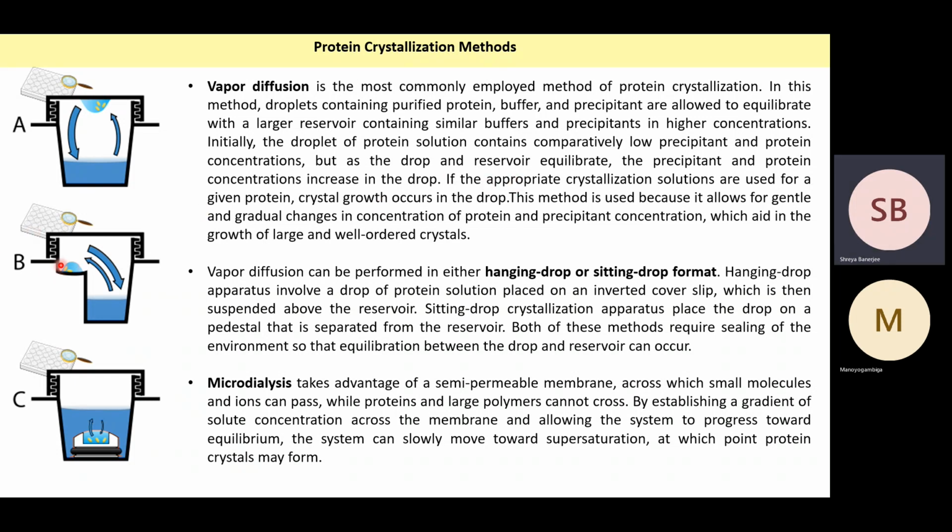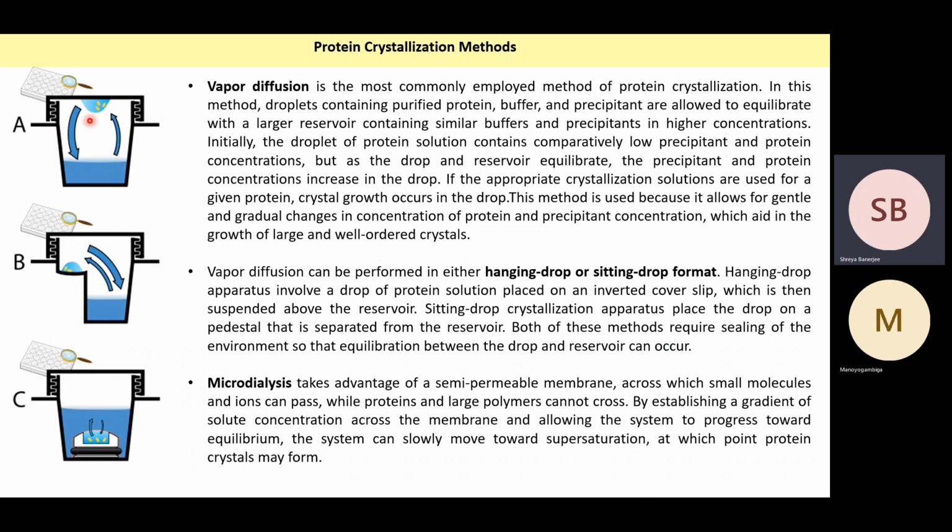So if the appropriate crystallization solutions are used, the increase in concentration of the protein can form crystals in the drop itself. This method is used because it allows for gentle and gradual changes in protein and precipitant concentration, which aid in the growth of large and well-ordered crystals.